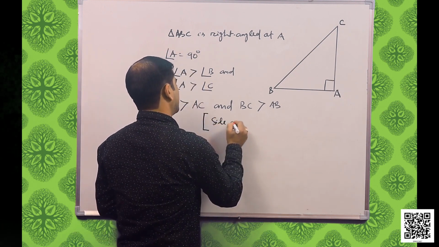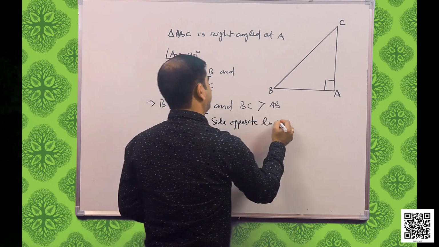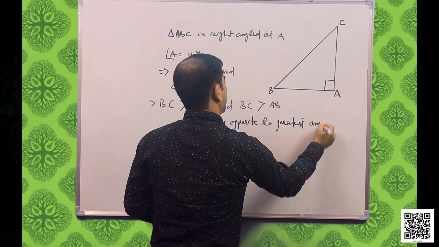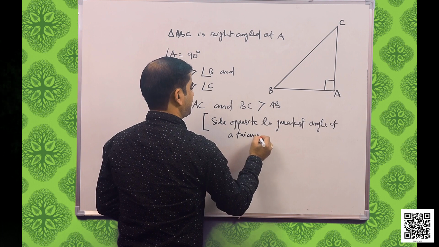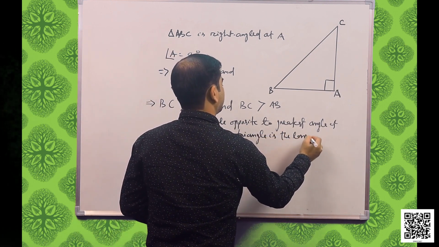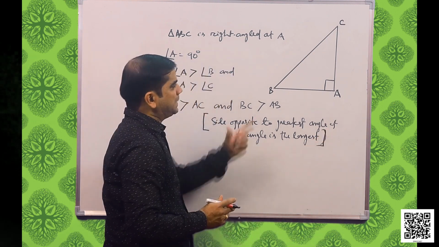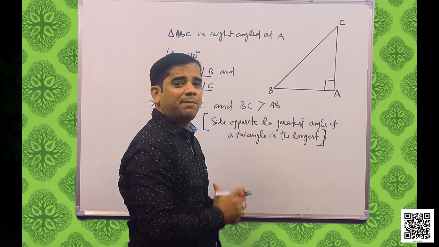Side opposite to the greatest angle of a triangle is the longest. So, what is BC in this case? In this right angled triangle, BC is the hypotenuse.